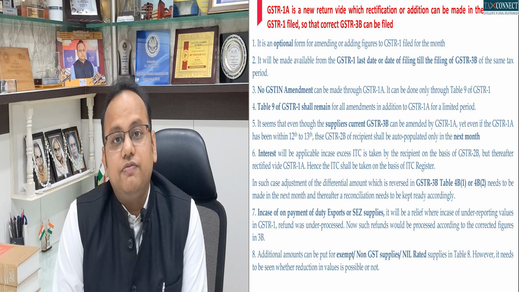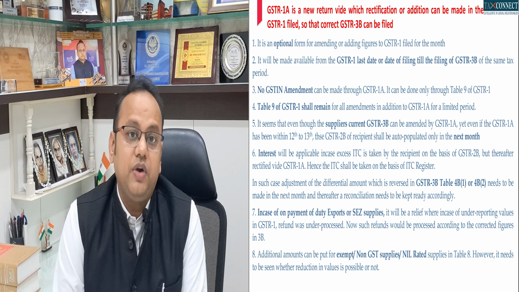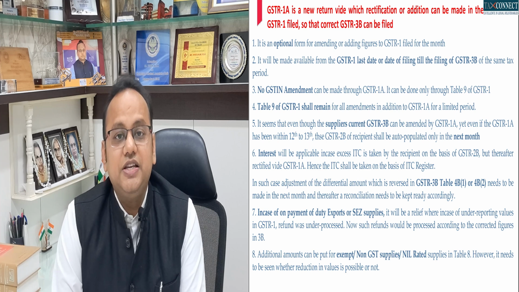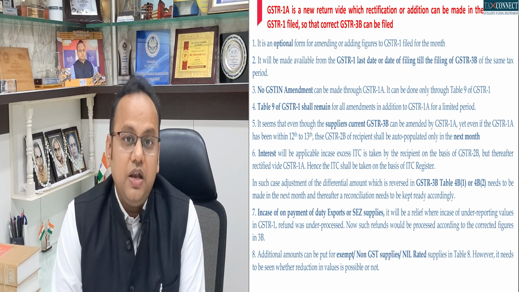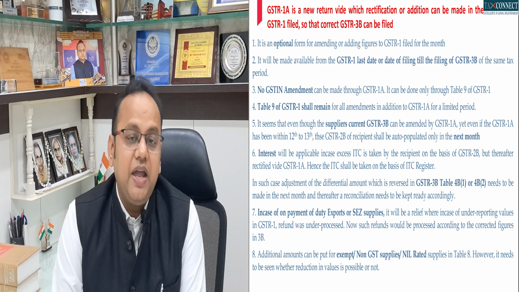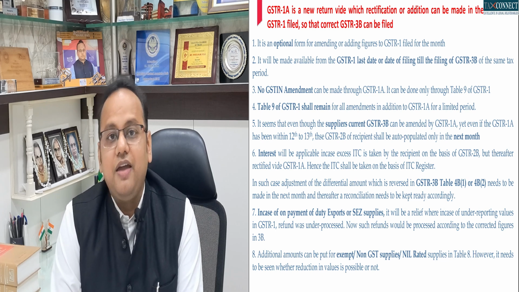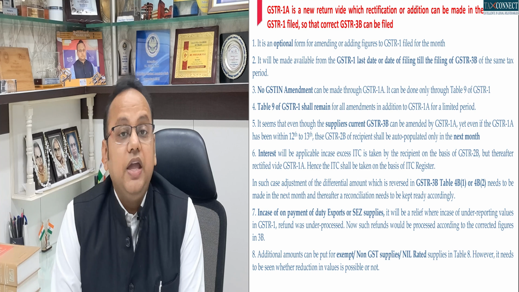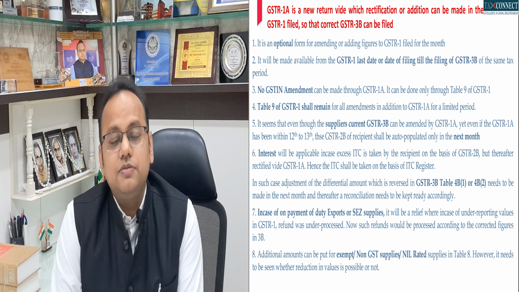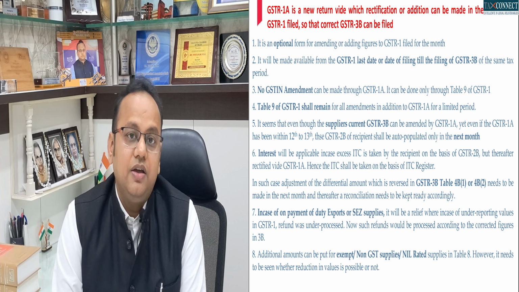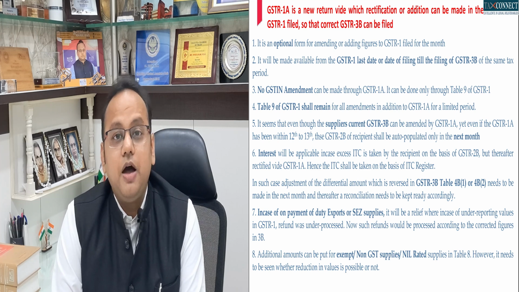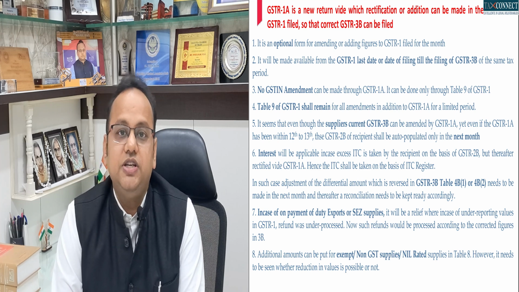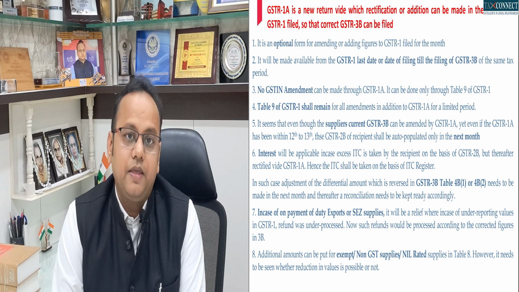It seems from Notification 12/2024 that the recipient's GSTR-2B of the current month will not be impacted by the GSTR-1A filed by the supplier. It is only the next month's GSTR-2B of the recipient which would be amended apropos the GSTR-1A.